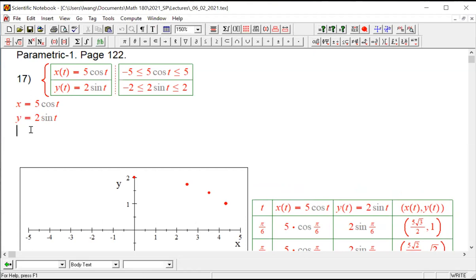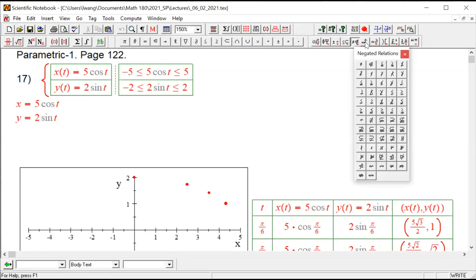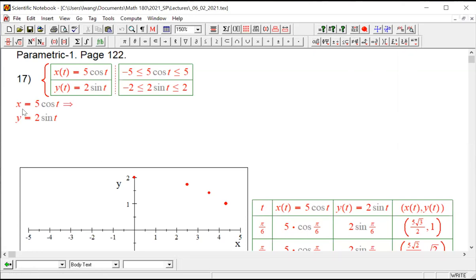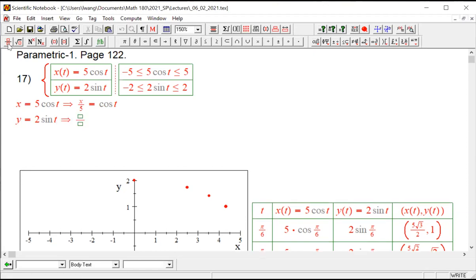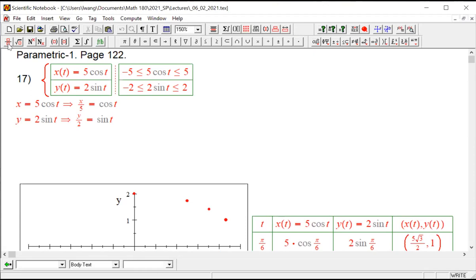To make t disappear, you can divide both sides by 5. So x over 5 equals cosine t, and y divided by 2 equals sine t. This would be considered a peanut trick, right?